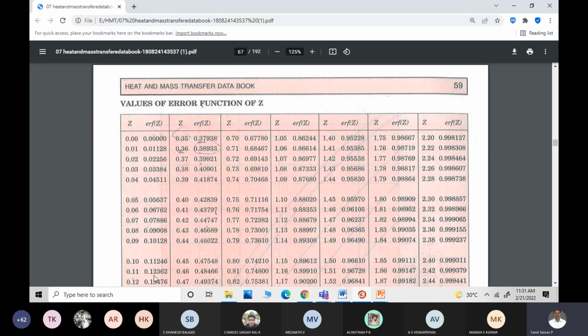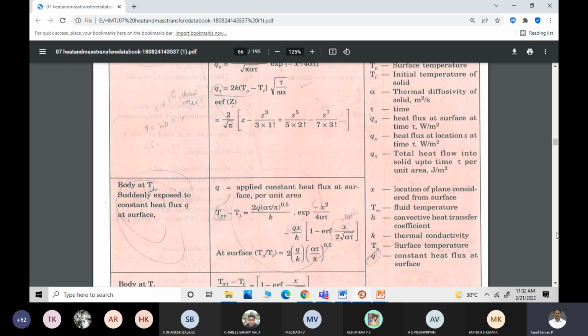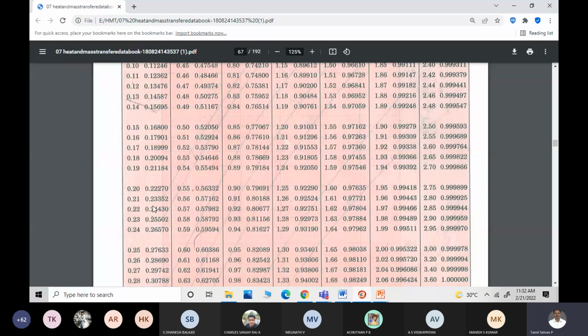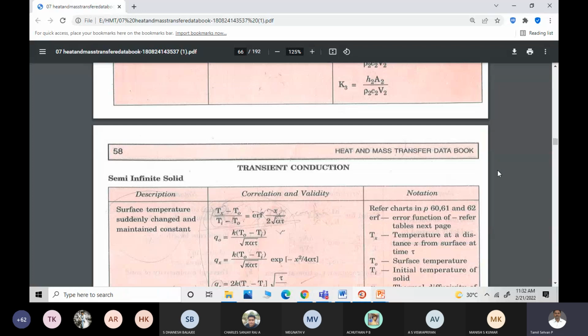For example, the table gives Z equal to 0.11. So you should not write 0.12; Z is 0.11. After getting Z, you have to substitute the Z value and find out what x is. That is very important when we solve this problem.